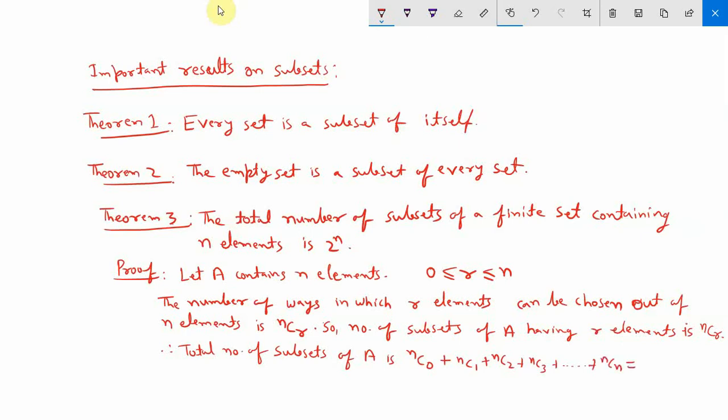And this we know will be (1 plus 1) to the power n, which is equal to 2 to the power n. So this is how we can prove this.